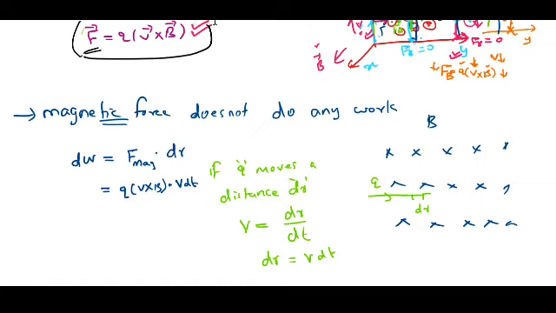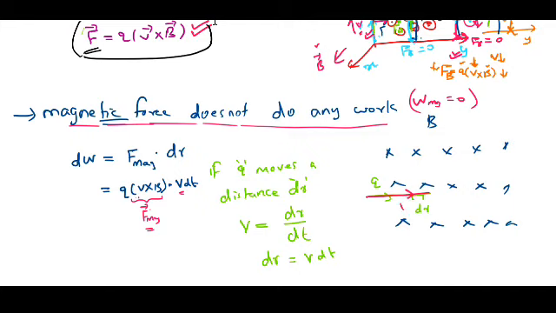Then our aim is to show that the magnetic force does not do any work. That is, the work done by the magnetic force is equal to 0. We have to prove this one. Here, Q into V cross B is nothing but the magnetic force. Consider the angle between this magnetic force and the velocity of the particle. If the charged particle is moving in this direction with the velocity v, using the right hand palm rule or Fleming's left hand rule, you will see that the force will be along this direction.